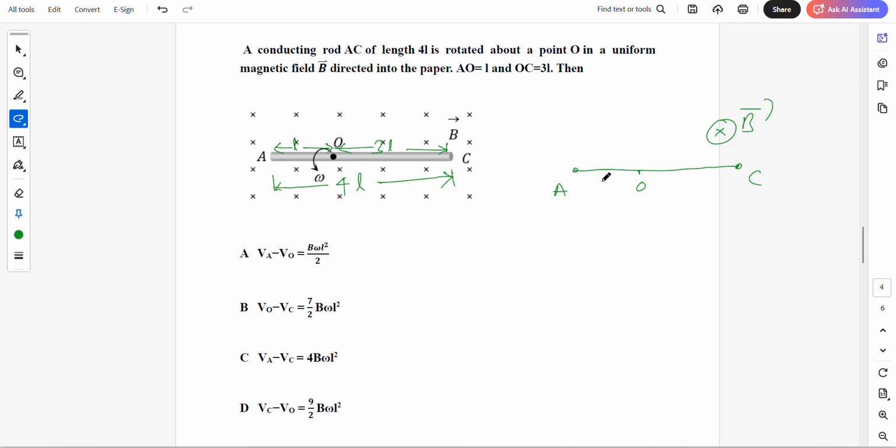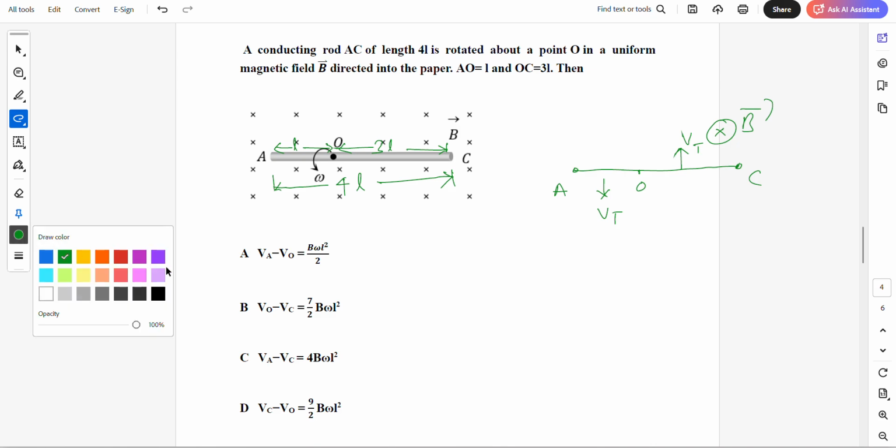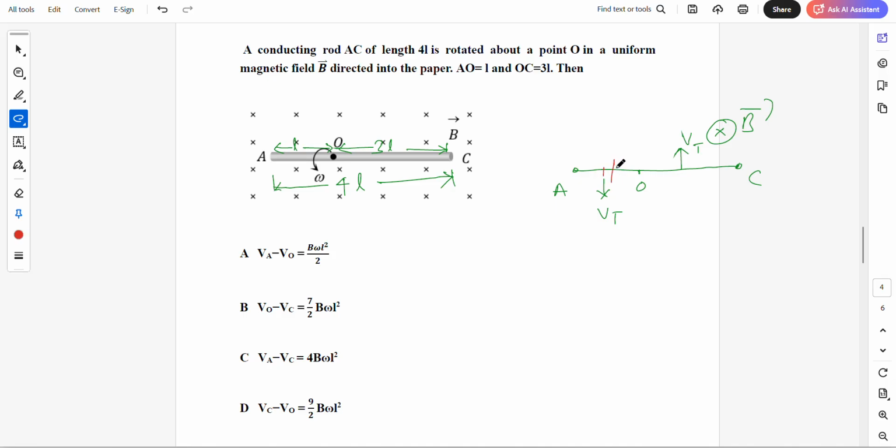This is omega, so the tangential velocity will be downwards on this side, as it is rotating about point O. Where will the positive pole be? The positive pole will be on the left side, so this is plus and this is minus.